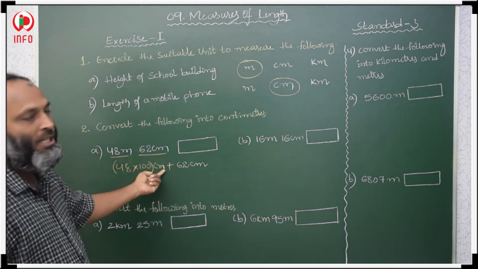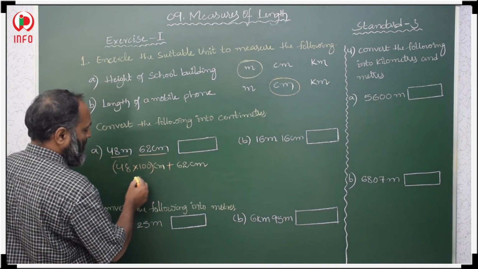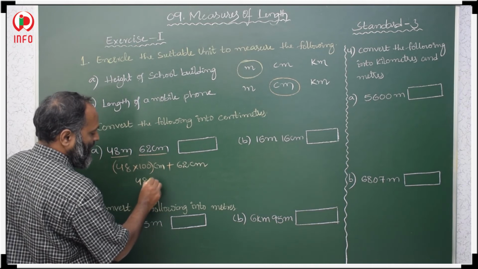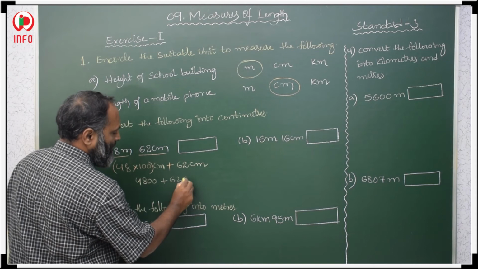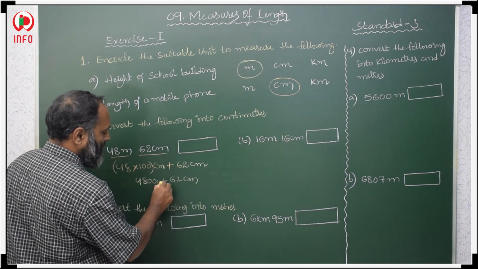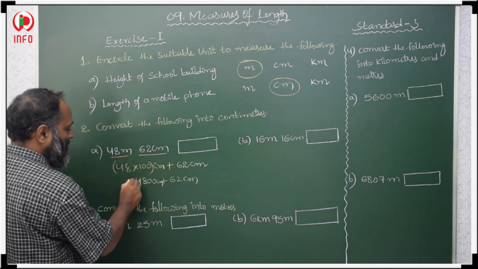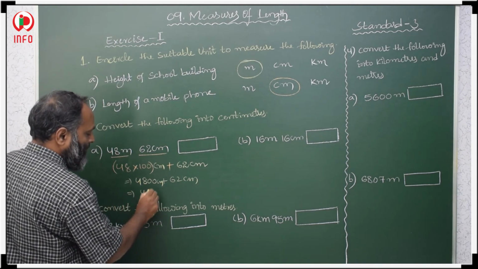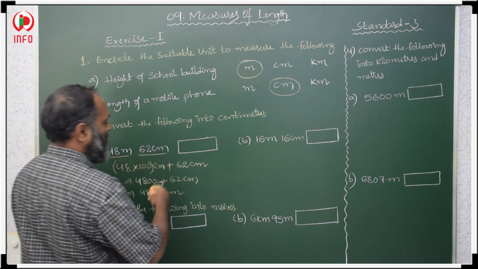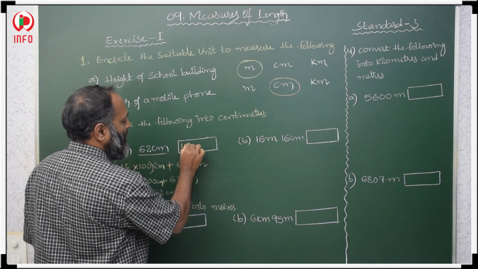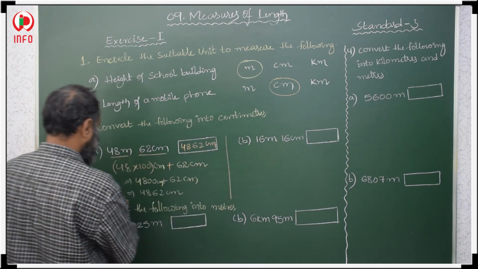Meters are converted into centimeters after multiplying with 100. 48 into 100 is 4800, plus 62, 4862. So the answer is 4862 centimeters, okay.